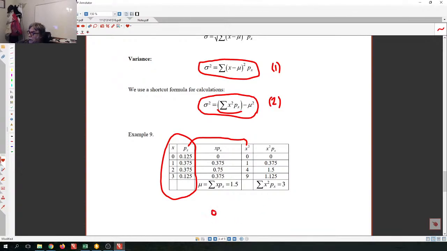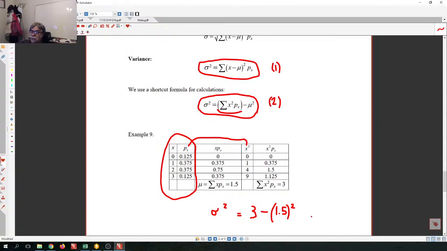Formula number 2 says the variance is equal to the expectation of x squared, which I just calculated, 3, minus the square of the expectation. The expectation is 1.5. The square of the expectation will be 2.25.